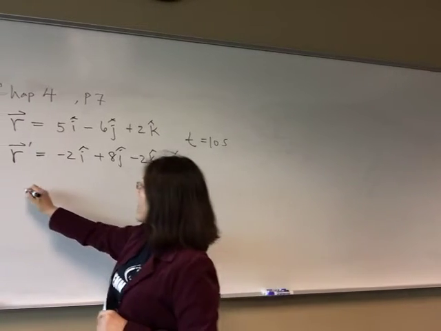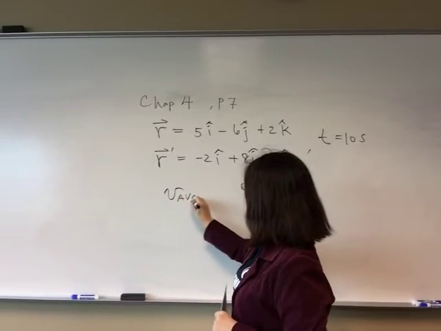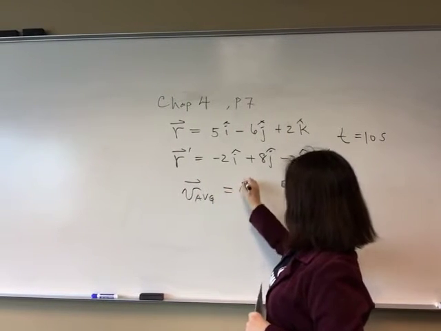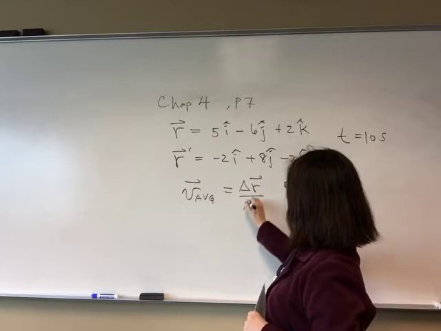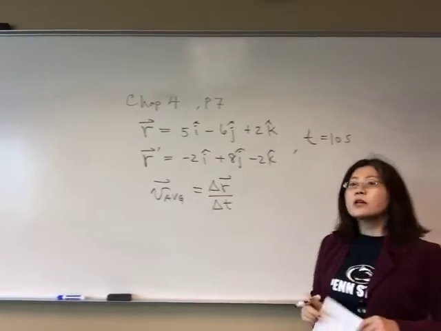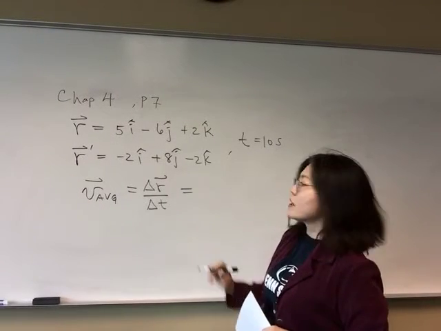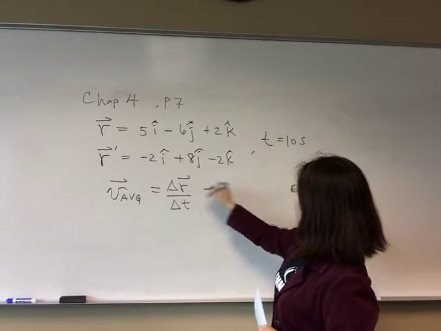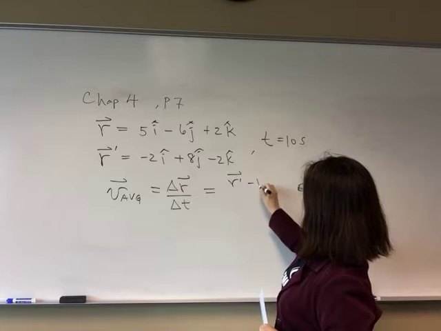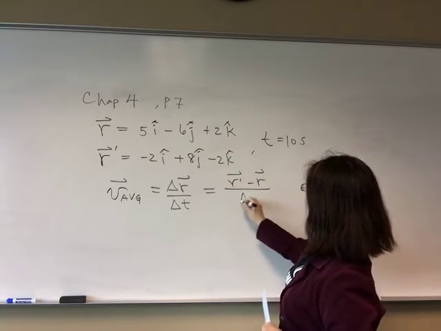So if you recall, the average velocity is defined as delta R over delta t, so the displacement over the time interval. Then it becomes quite straightforward because you have your R prime, so your delta R should be R prime, the final position, minus the initial position, over the time.